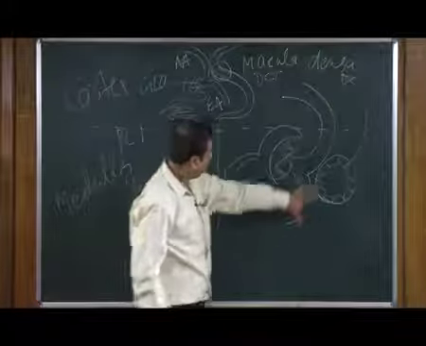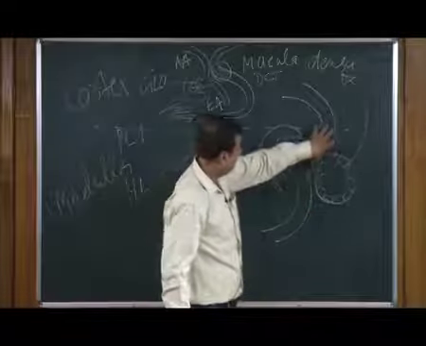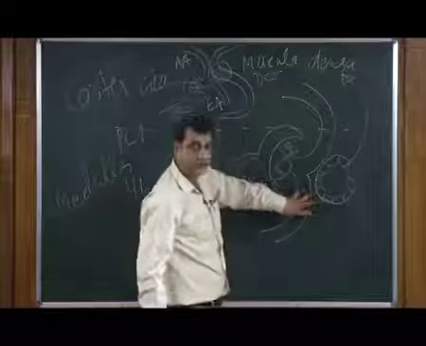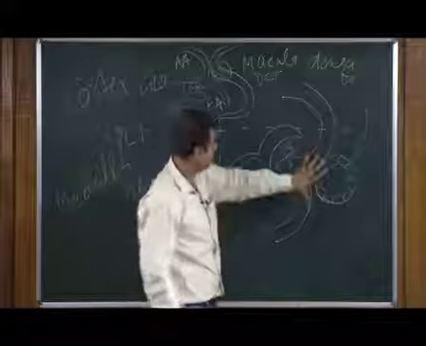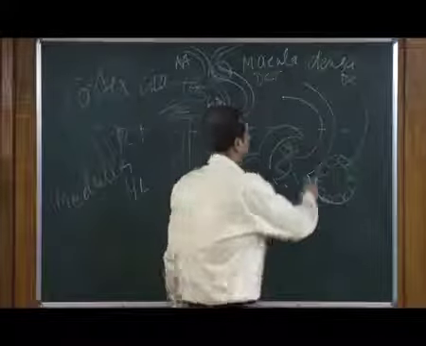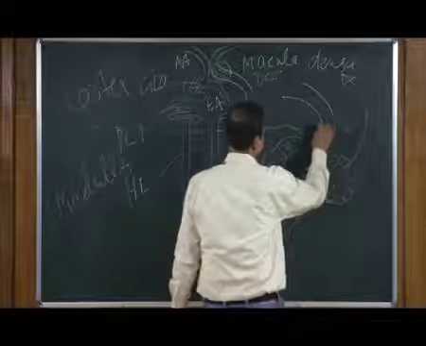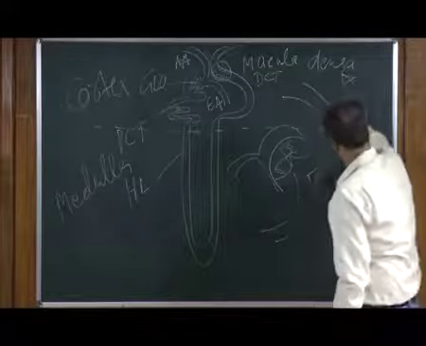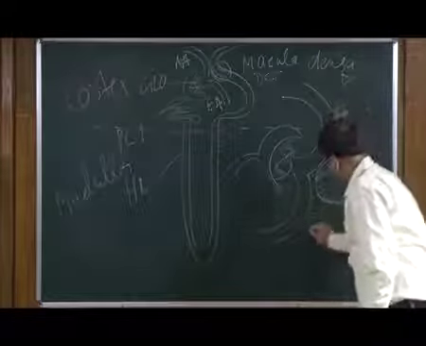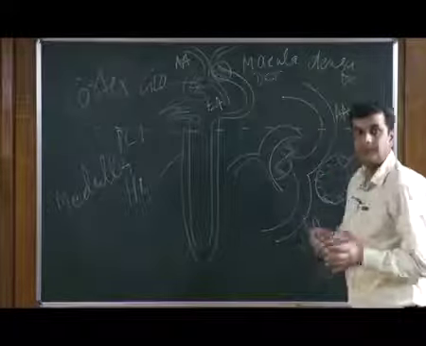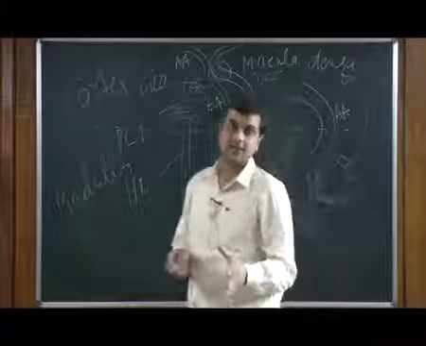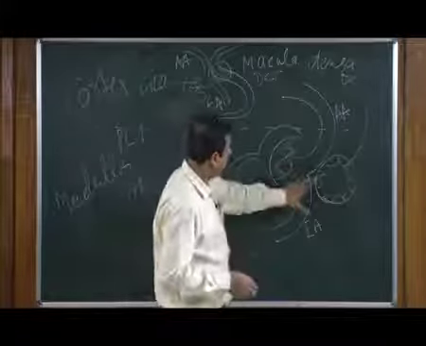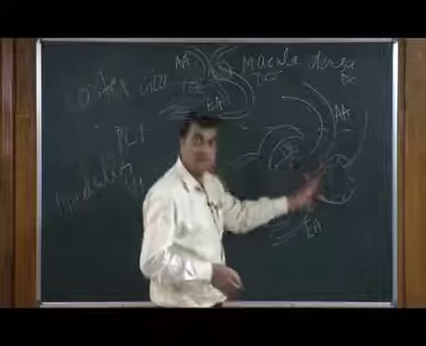Now the cells in the afferent arteriole and the efferent arteriole are getting modified. This is a little bit lengthy, but one has to understand what's going on in this area.